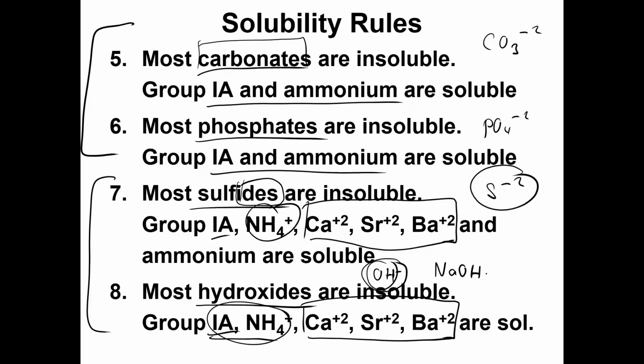Because it breaks apart completely into sodium and hydroxide ions. And that's what it means for these solubility rules. If you have something that's soluble, it will break apart into its ions. And if one of those ions is a hydroxide, you got a strong base. If one of those ions is a proton or H+, you have a strong acid. But let's get back to that.